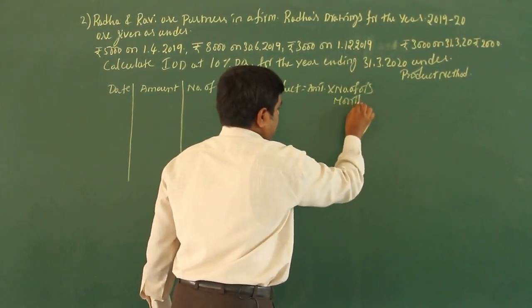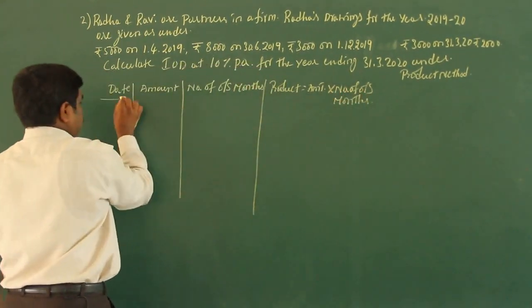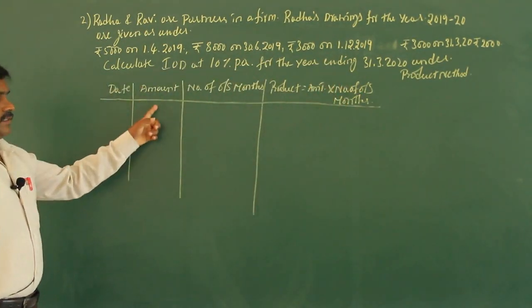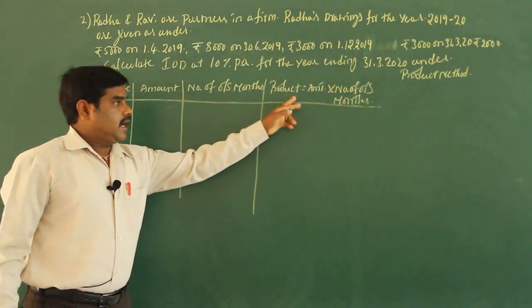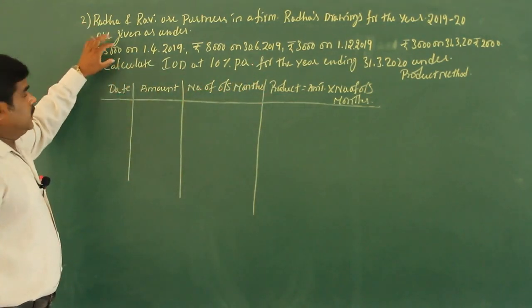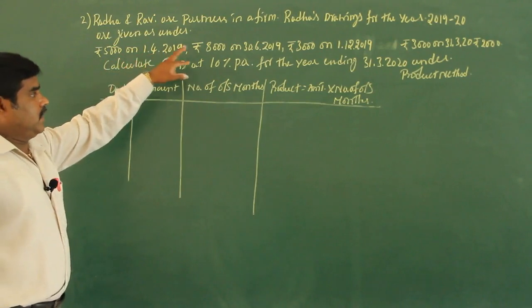Draw 4 columns like this in your notebook. First check that the amount is given and the date is given.